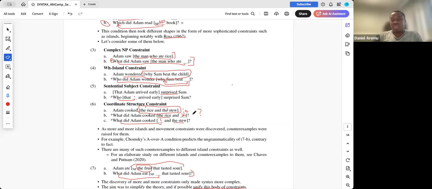Not all these constraints are universal. When it first came out, yes, it was termed universal, but recent literature has shown that that's not true. Many languages have shown that some of these constructions are not islands.